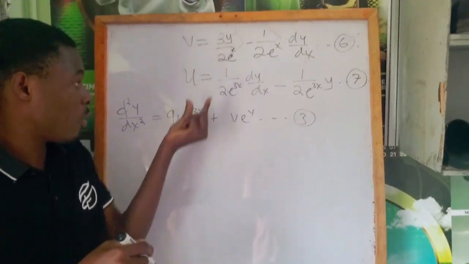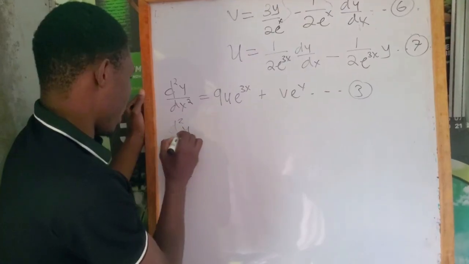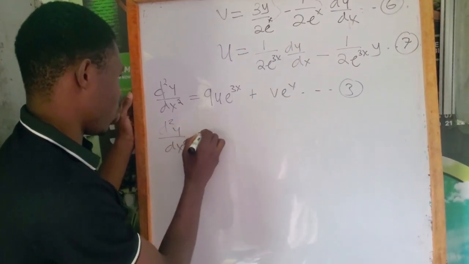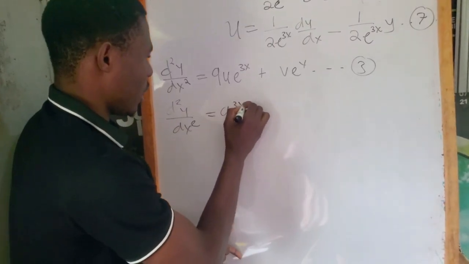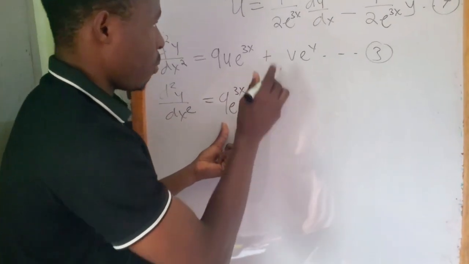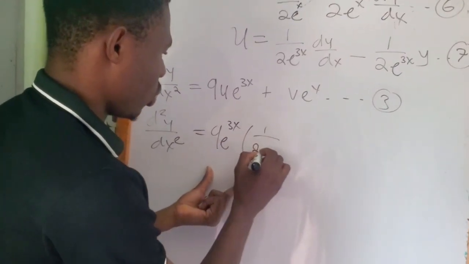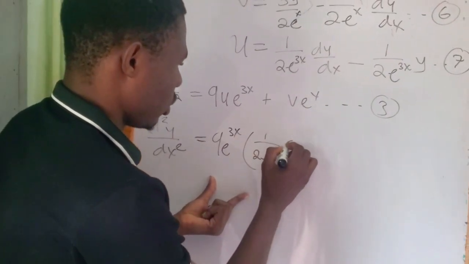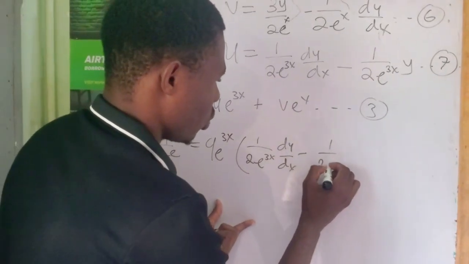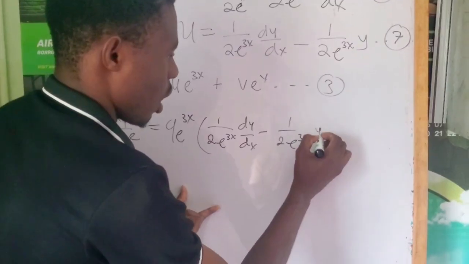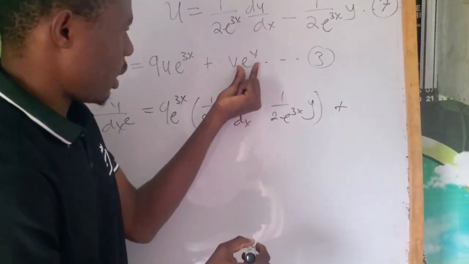So let us put the values of u and v back into this equation. So the 2y dx squared will be equal to 9. You can take 9e to the 3x out, plug u into it. So this is u, which is 1 all over 2e to the 3x dy dx minus 1 all over 2e to the 3x y, plus e to the x.